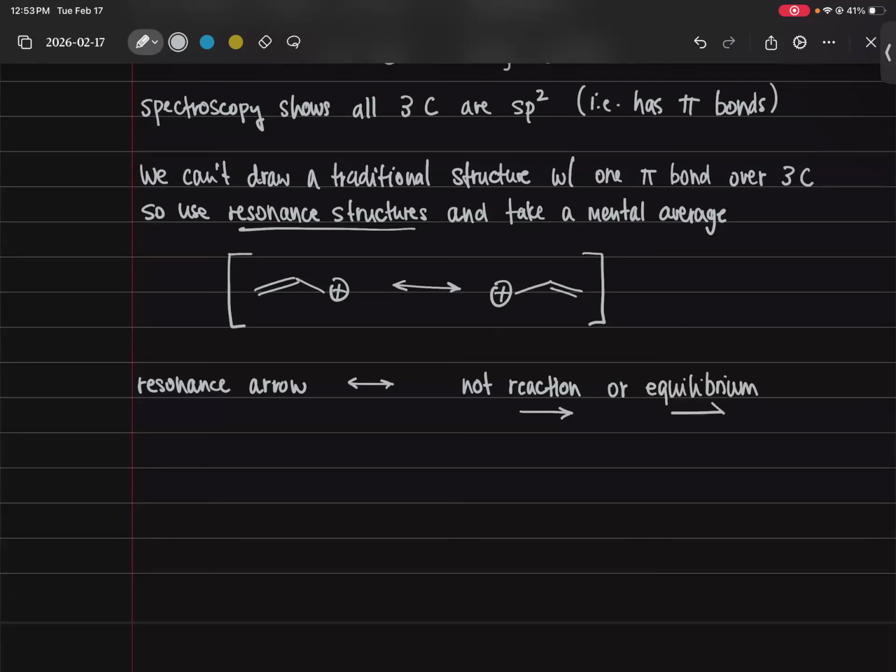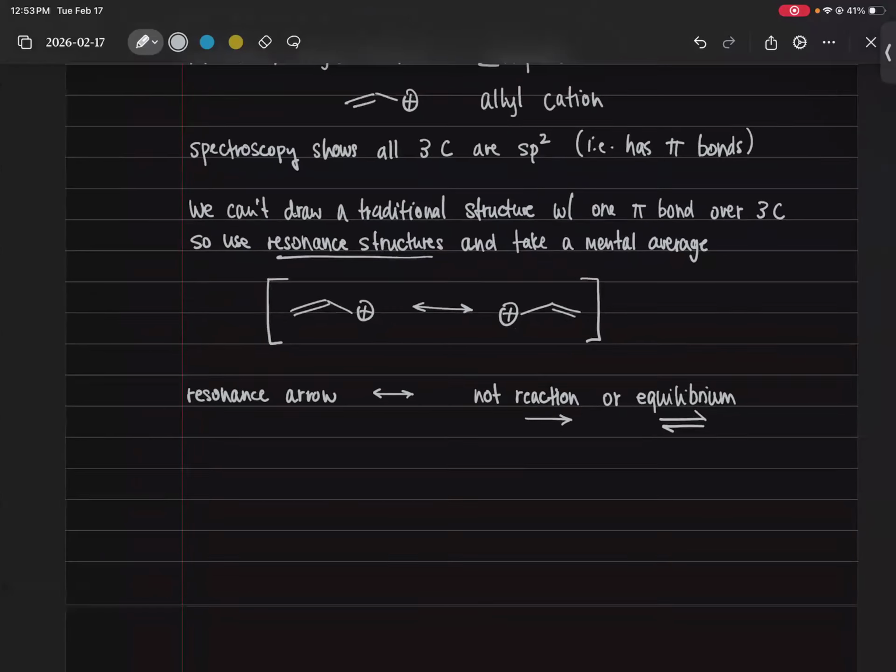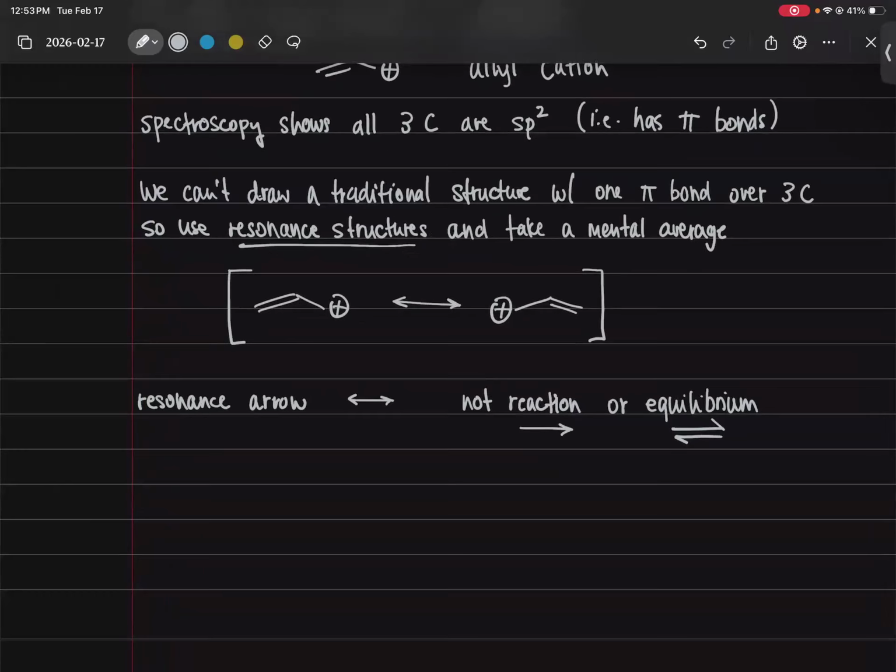And it's also not an equilibrium arrow, which we usually draw like that. It's unique. So I don't know about you, but when I was in general chemistry and we learned how to draw equilibrium arrows, I didn't like doing this half arrows thing. For some reason, I thought it looked ugly. And I started to draw this. And I got corrected and I was like, dude, what does it matter? And it matters because there's another kind of arrow. That particular arrow, sort of a traditional double-ended arrow, is for resonance.